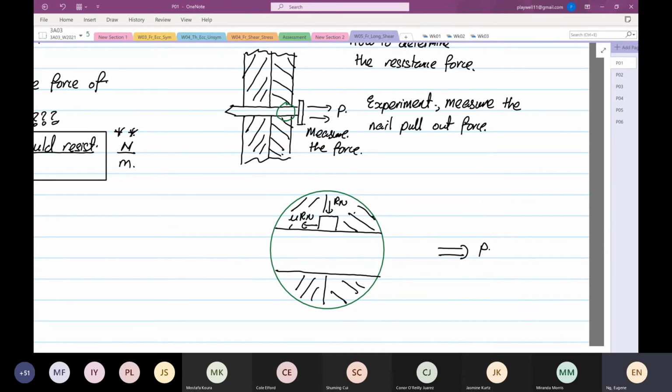Is that because it'll fail due to shear? Yeah, this is because look at mu Rn. Mu Rn is parallel to the nail surface.